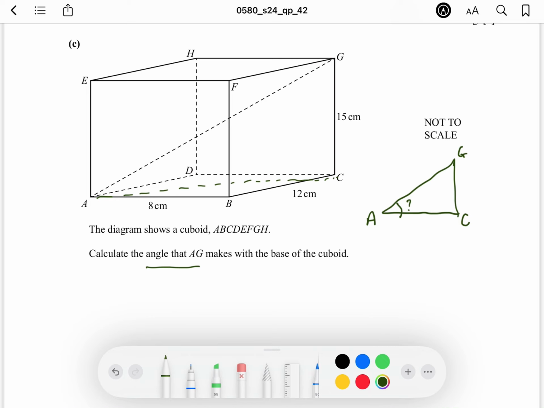Okay? Now let's put the dimensions in. That's 15. What else do we know with this triangle? 8 centimeter? 12? Angle?